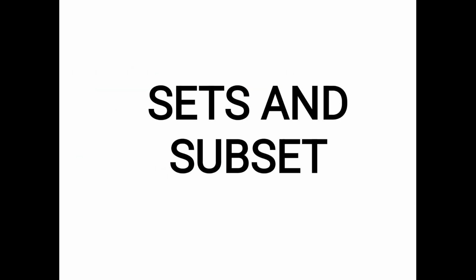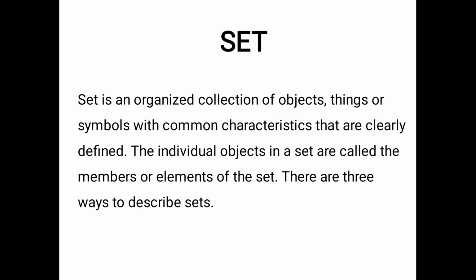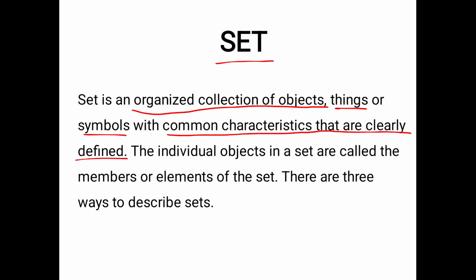So since we are finished with the quantification, now we will go with the sets and subsets. So what is a set? A set is an organized collection of objects, things, or symbols with common characteristics that are clearly defined.